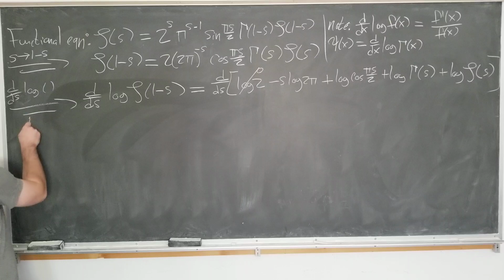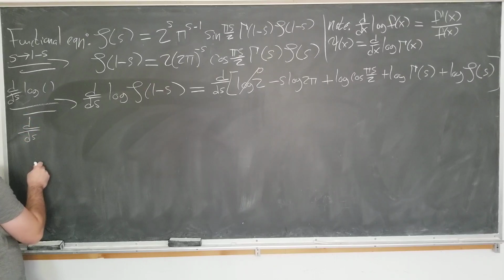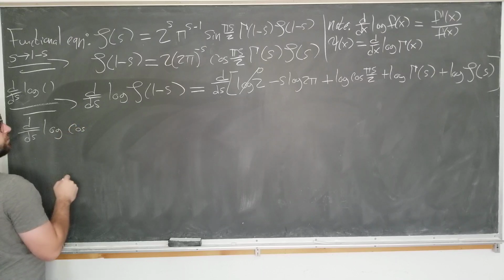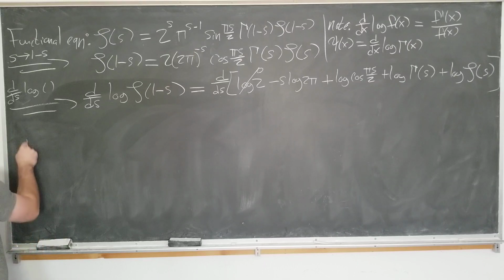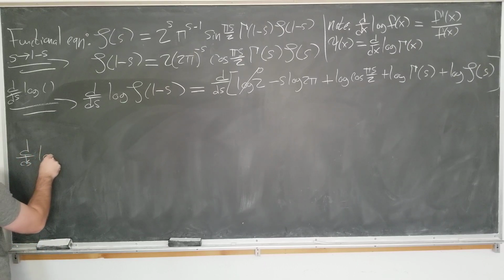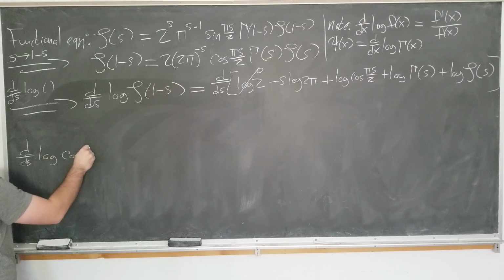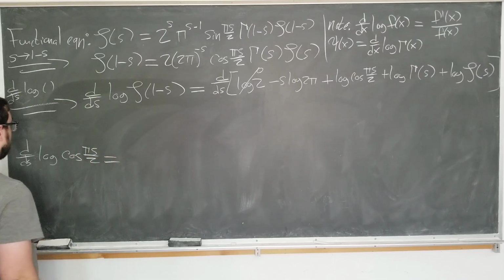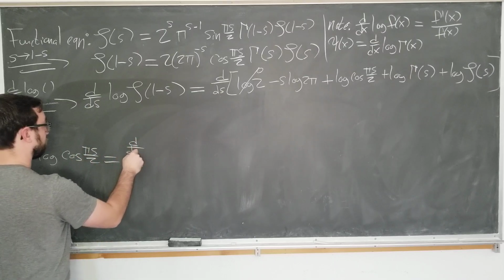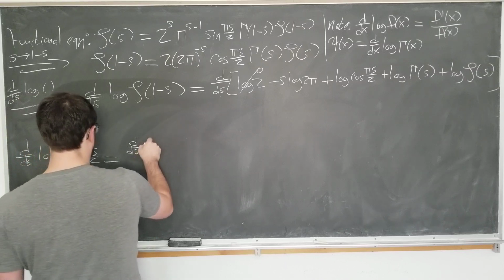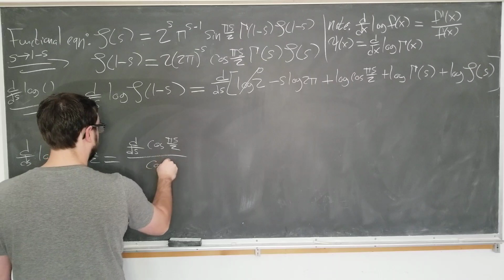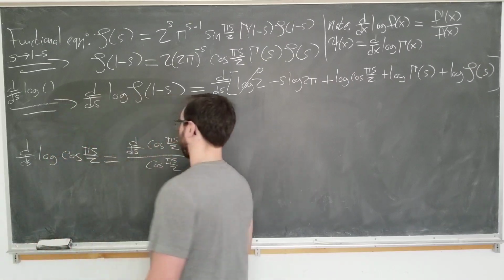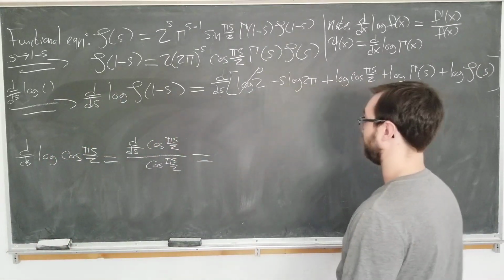So d by ds of the log of cosine of pi s over 2 is just the derivative of cosine of pi s over 2, over cosine of pi s over 2. Well, we can certainly do that. Doesn't seem very bad.